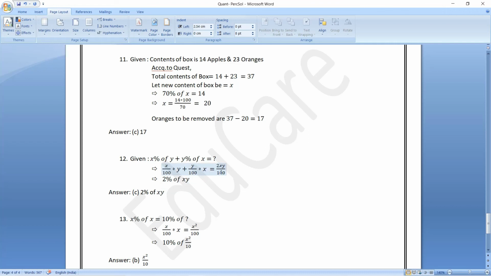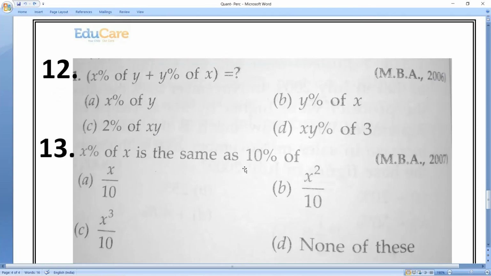So x% of y plus y% of x equals what? Now see what the options are; there can be many answers to this, but we have to see which options are given. x percent of y, no, obviously not, because there is a 2. y percent of x, no. Then 2% of xy, yes, this can be it.